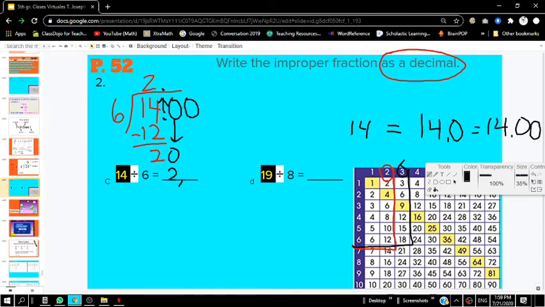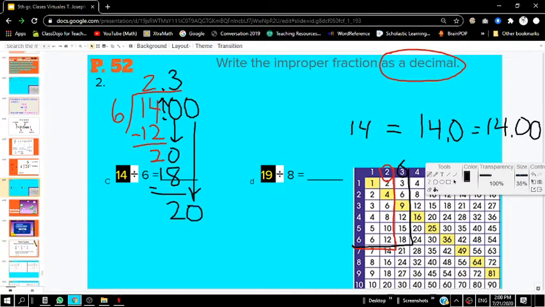So let me just erase this so that I can finish out my division problem. So we have 6 times 3 equals 18. Okay, what I'm going to do now is subtract 20 minus 18, which equals 2. And I'm going to bring my 0 down to my next spot to continue my division.